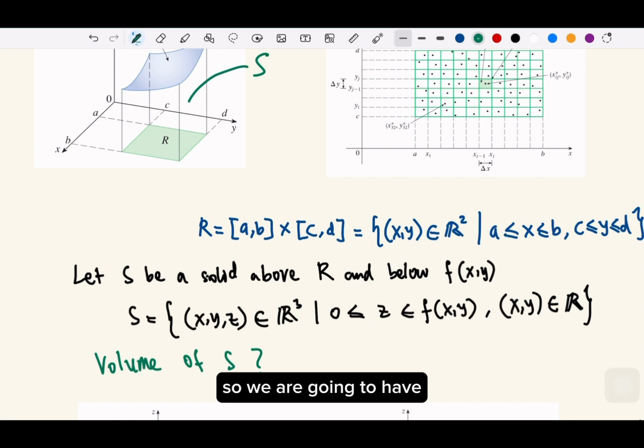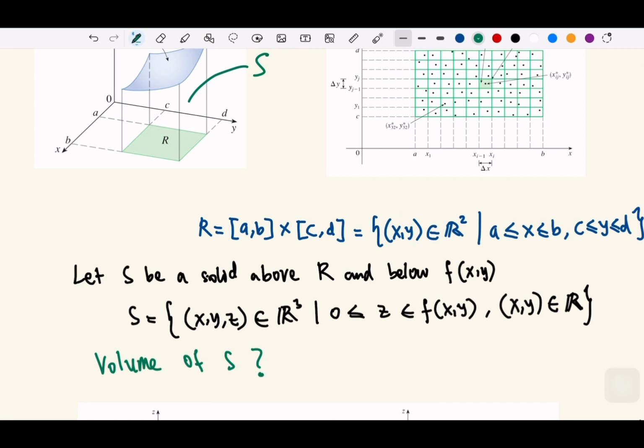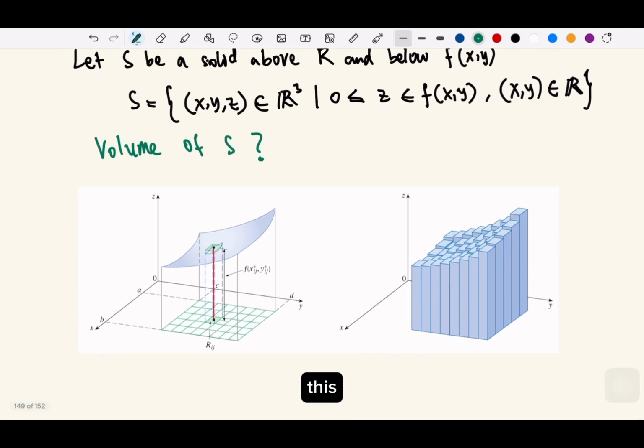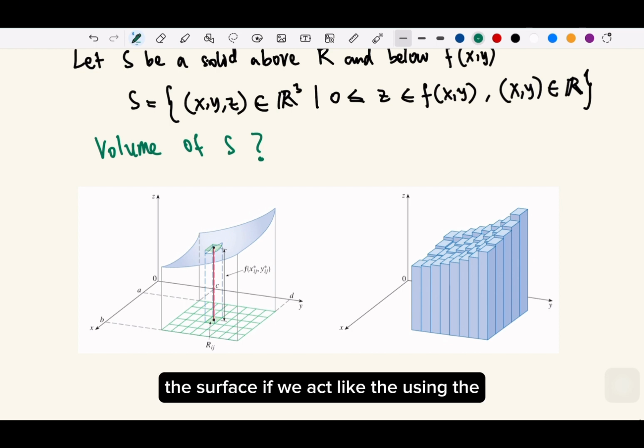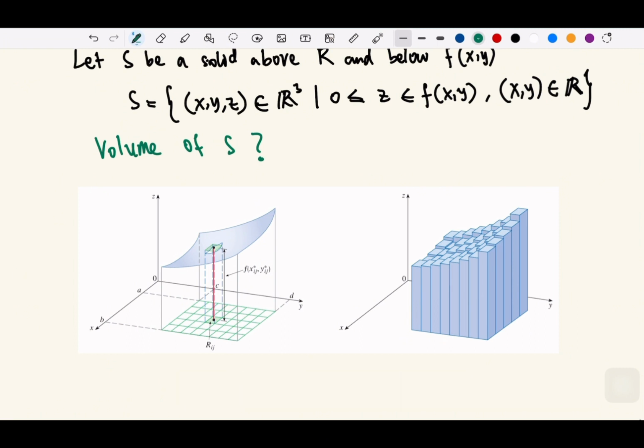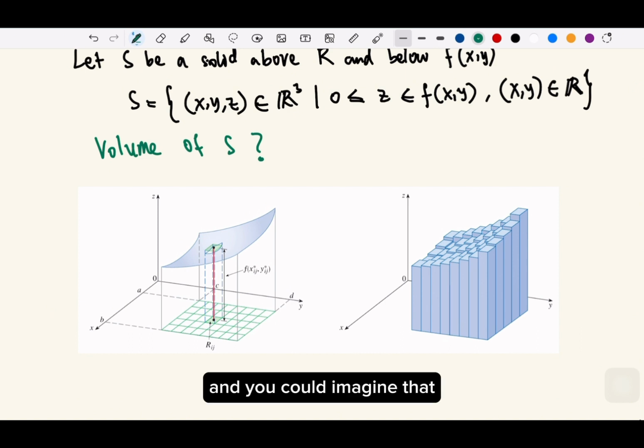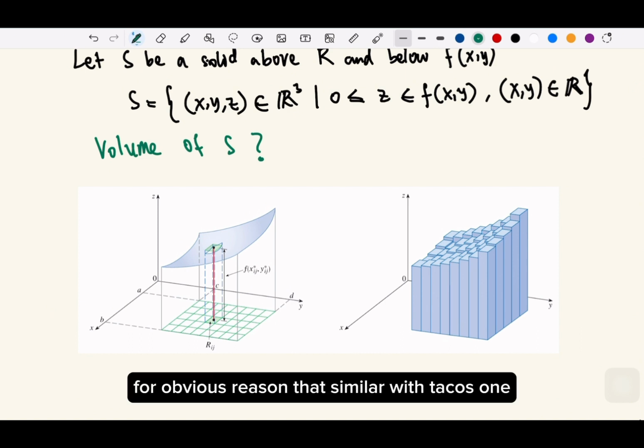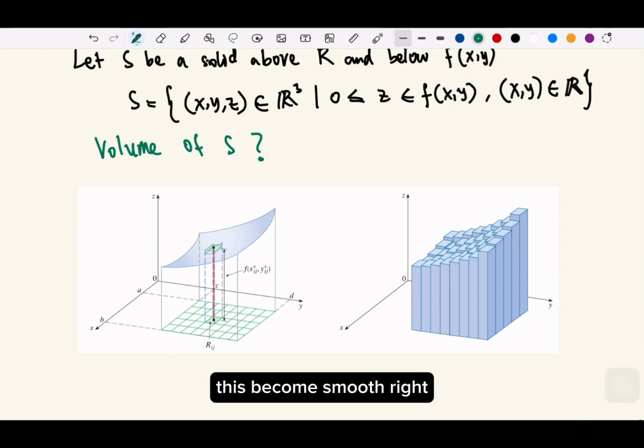So we are going to have this slice, and of course the surface on top is still not really smooth. And you could imagine, for obvious reasons, similar to calculus 1, that when the rectangles become more and more, this becomes smooth, right?